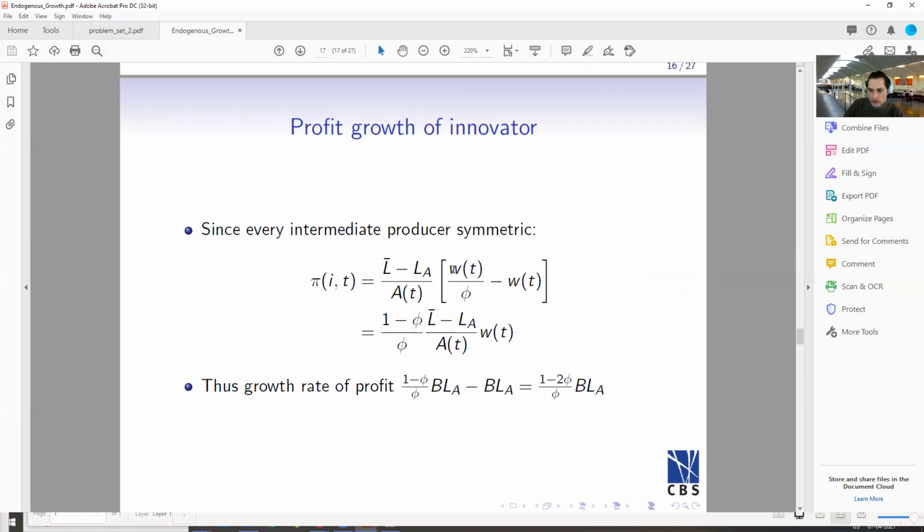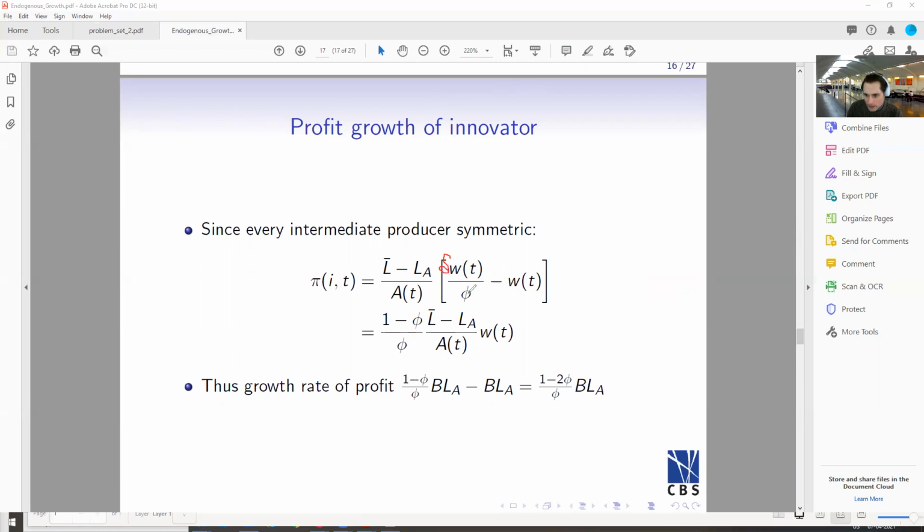What changes here is there's going to be a delta instead of a 1 here multiplying the wage. I'm going to have to erase this, but let me just write it for a second so you can remember that there's a delta here. That's the only change.